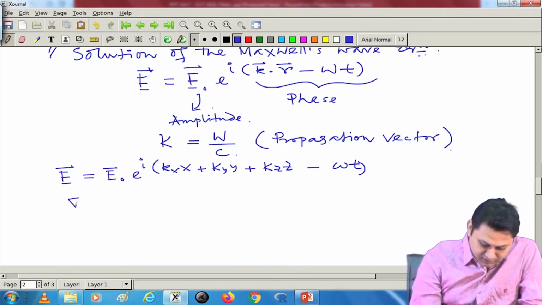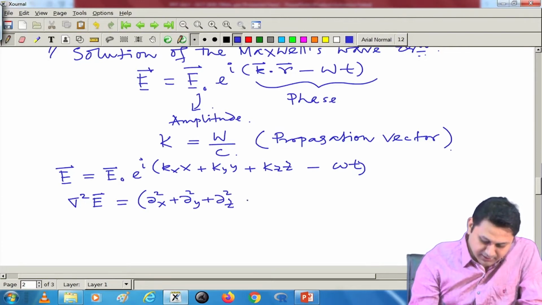I need to calculate this quantity, grad square E. So, this is del 2 del x square plus del 2 del y square plus del 2 del z square, in the shorthand notation, this is the way one can write.